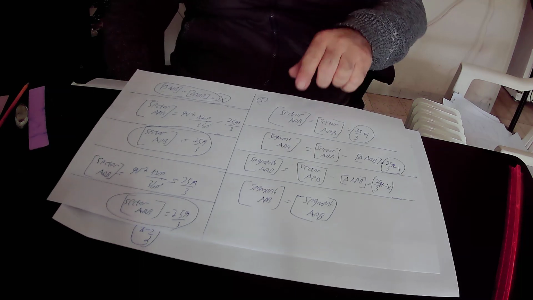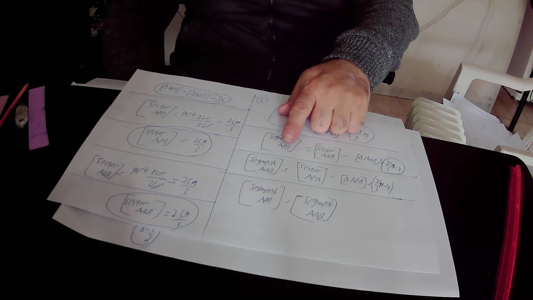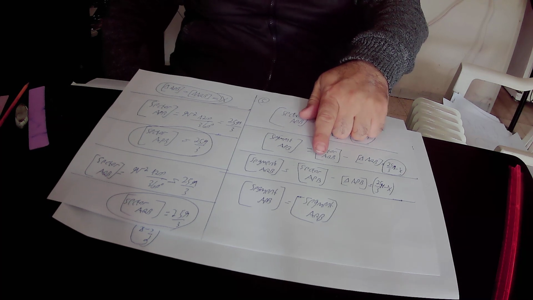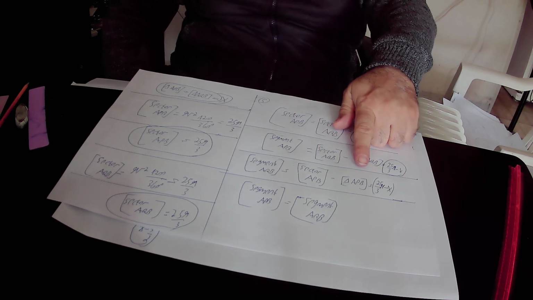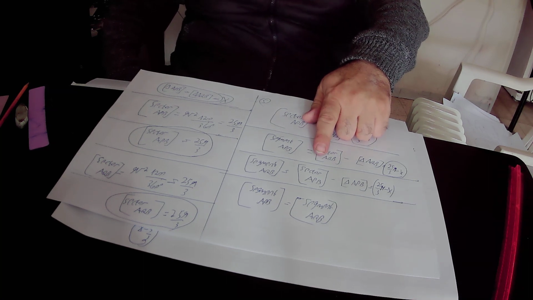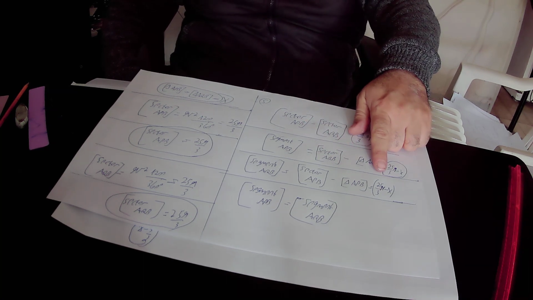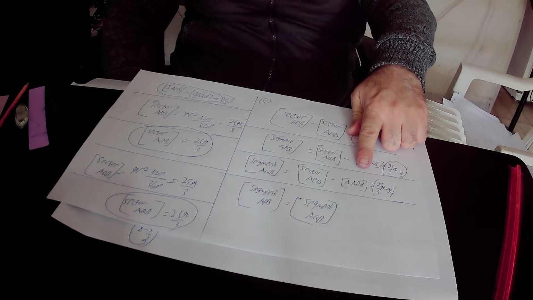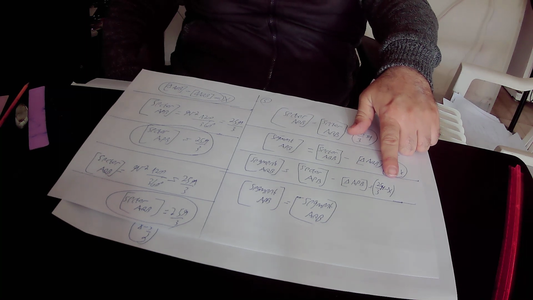Again, the area of segment AQB will be equal to the area of sector APB minus the area of triangle APB. Okay, and the area of sector APB is equal to 25 pi over 3, we have already found it, and the area of triangle APB equals x according to our definition.